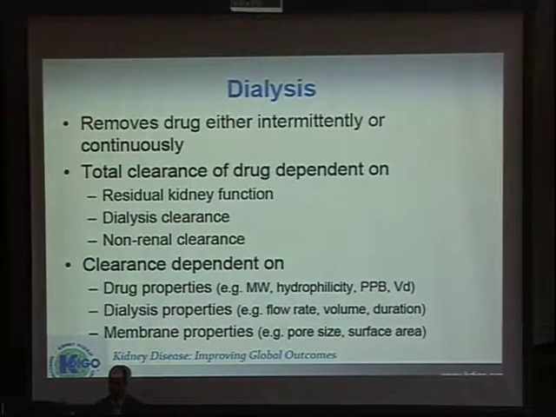So, speaking of dialysis, we know that it removes drugs either intermittently when you use intermittent dialysis, or continuously when we are using continuous dialysis. And the total clearance of the drug will depend on the residual kidney function, because many of those patients still have residual kidney function, and will depend on the dialysis clearance, and will also depend on the non-renal clearance, like if it's cleared by the liver, for instance.